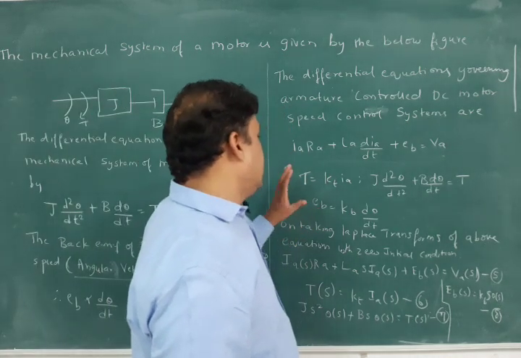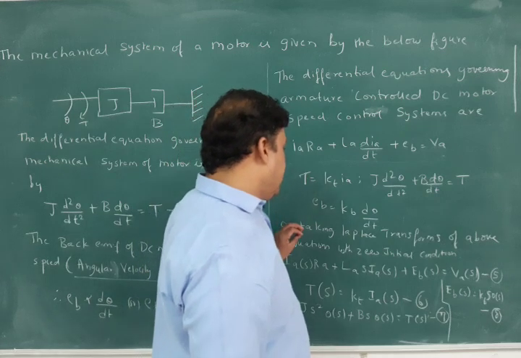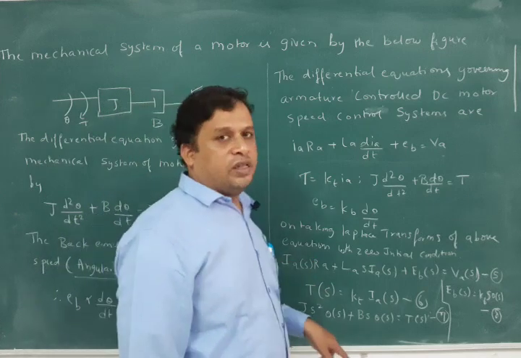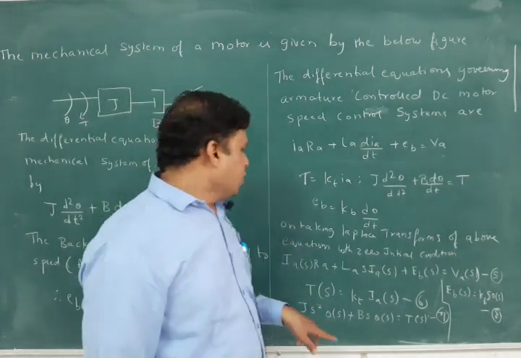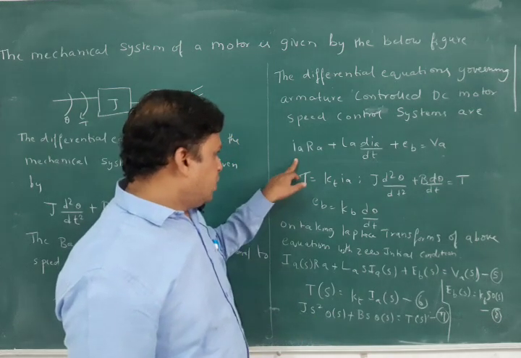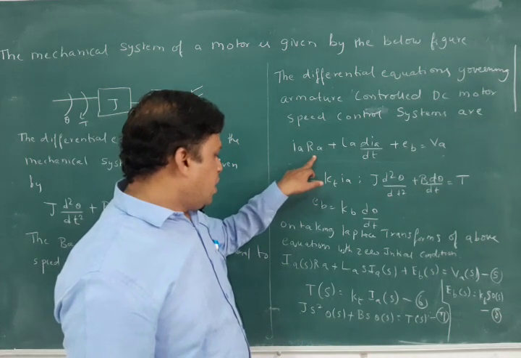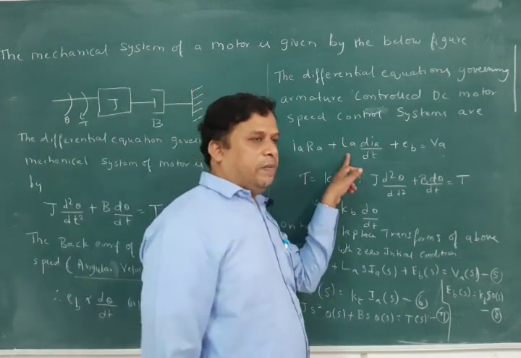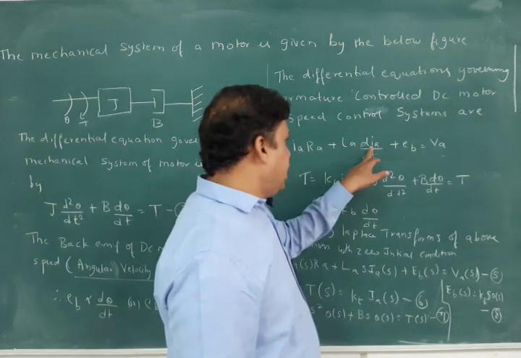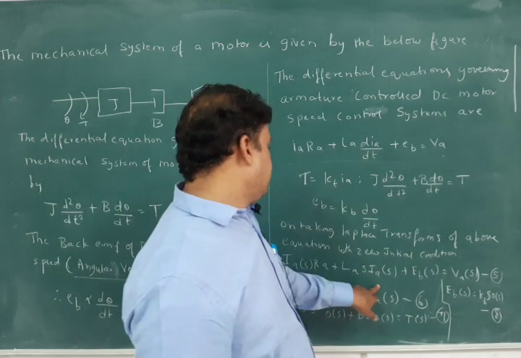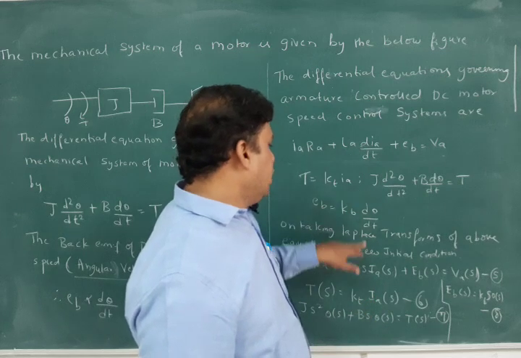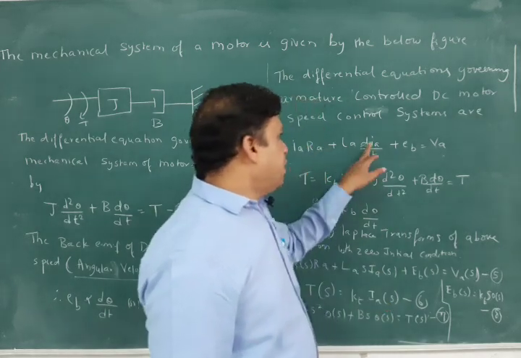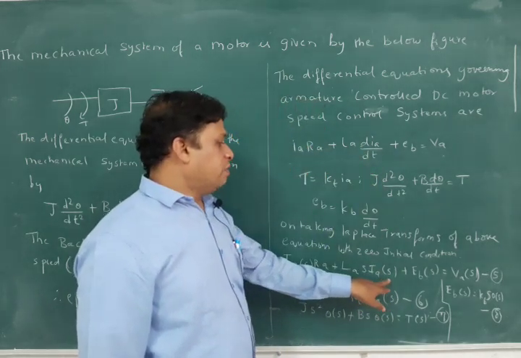Now we will take these equations to a Laplace transform. By taking the Laplace transform of the above equations with zero initial conditions, as we have to take zero initial conditions for deriving the transfer function, we get Ia of s into Ra plus La s, because after applying Laplace to the L, it becomes La s. Here La is constant, and dIa by dt becomes s into Ia of s.